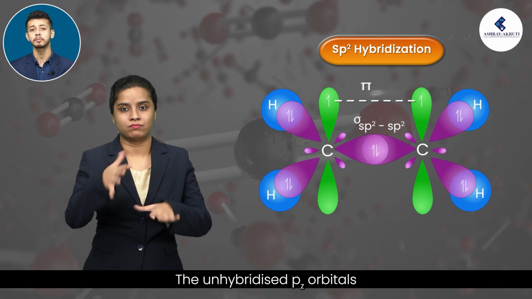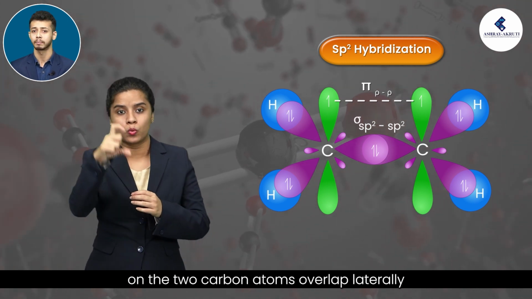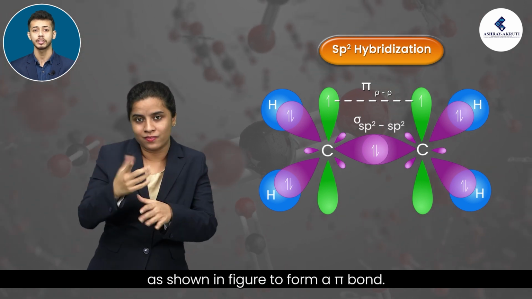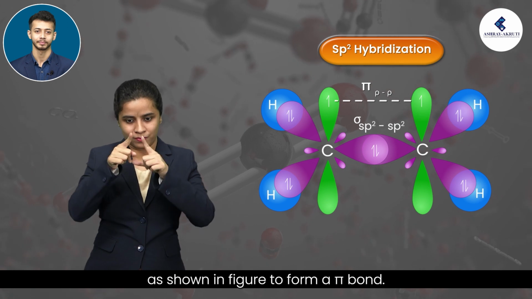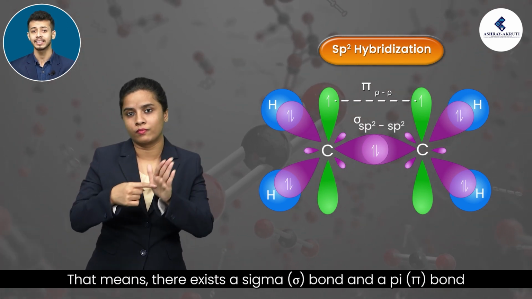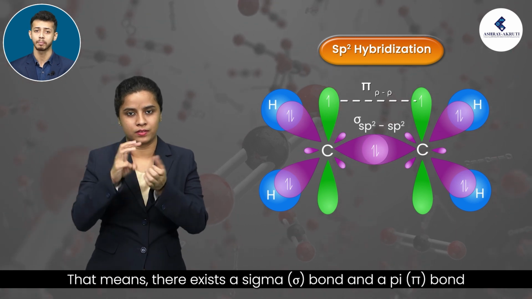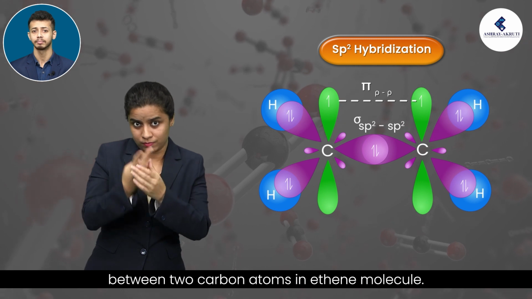The unhybridized pz orbitals on the two carbon atoms overlap laterally as shown in the figure to form a pi bond. That means there exists a sigma bond and a pi bond between two carbon atoms in the ethylene molecule.